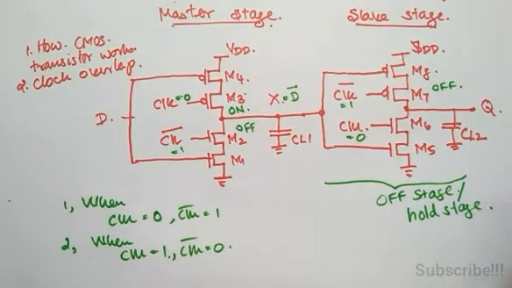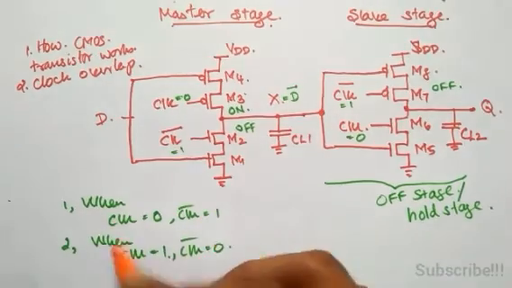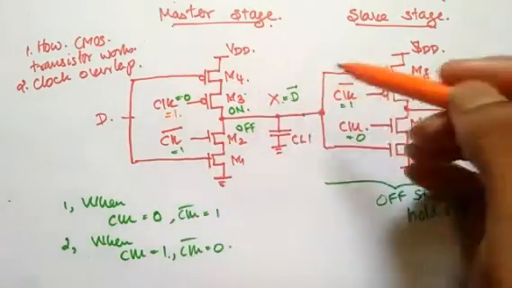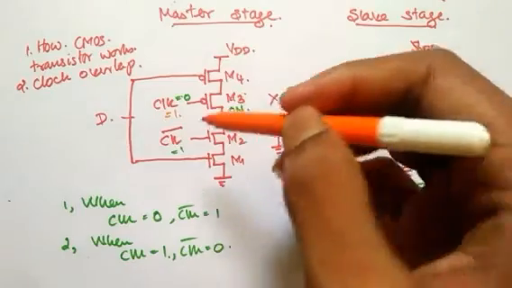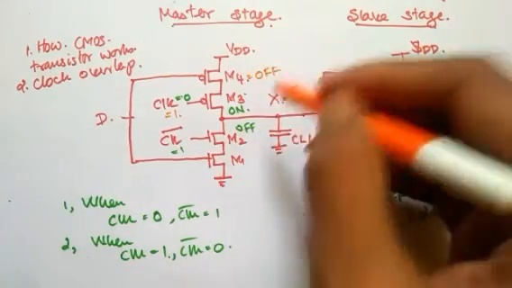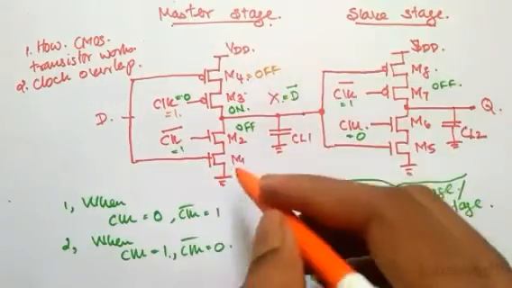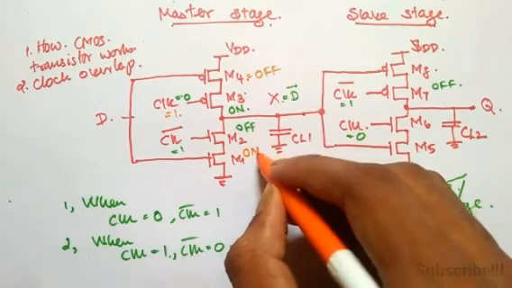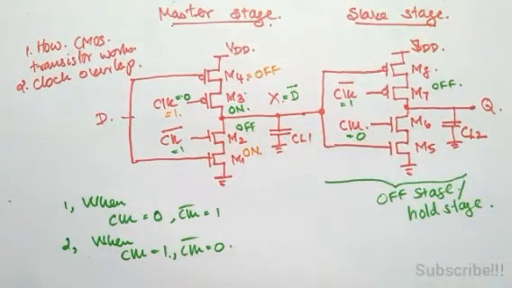So we move on to the second phase where clock is equal to 1 and clock inverse is equal to 0. When the clock is equal to 1, the transistors M3 and M4 will be in off position. So the master stage will go to the off stage or hold stage.